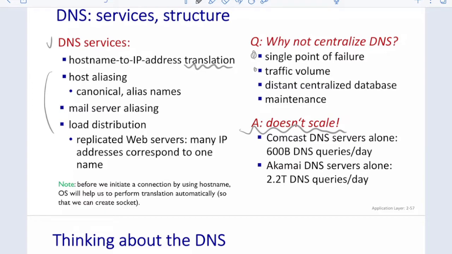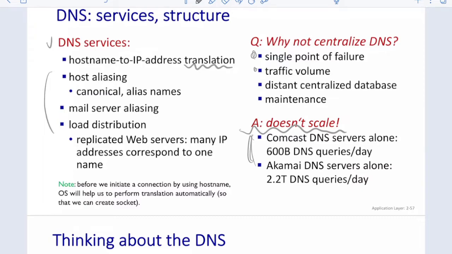Comcast is a cable ISP in the United States, and its servers alone receive 600 billion queries per day. A query means I would like to resolve an IP address or a host name.